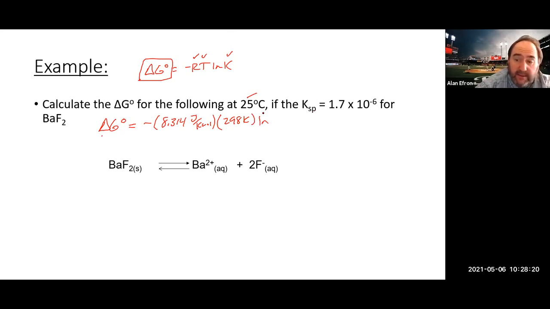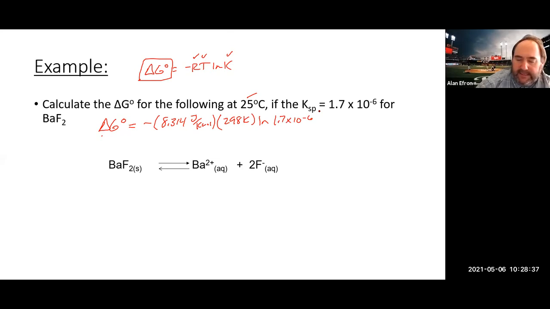Does it really matter? It doesn't. Remember that all Ks are pretty much equilibrium constants. KSP, Ka, Kb, Kw, they're all basically the same thing, products over reactants. So we go 1.7 times 10 to the minus 6.